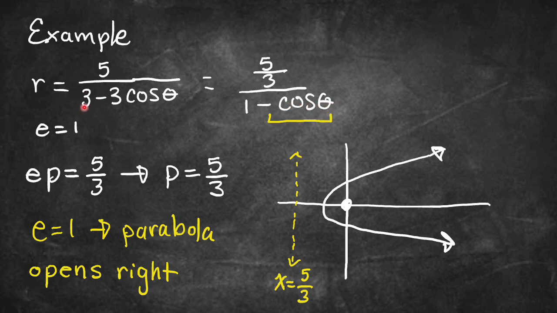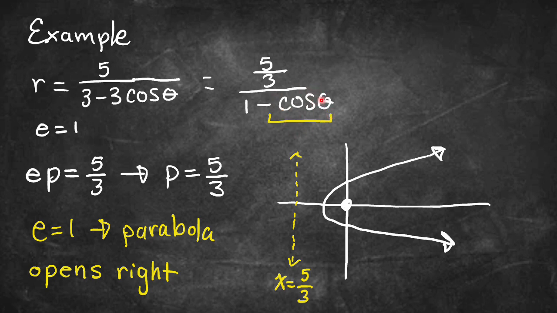So I have to divide the top and the bottom by 3 so that I have it in this form. Now, when I do that, I get 5/3 in the numerator, and I get 1 minus cosine theta in the denominator.